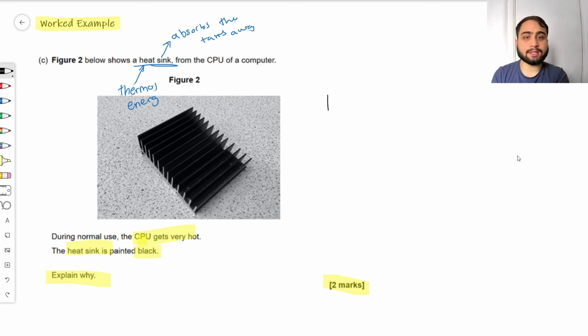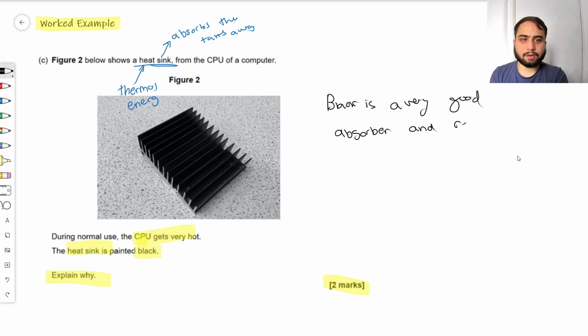Well, it's black because black is a very good absorber and emitter of energy. Well, actually, let's say radiation. Always use your keywords. That's our first mark, but let's explain why it's the heat sink specifically. What is the job of a heat sink? To take heat away.